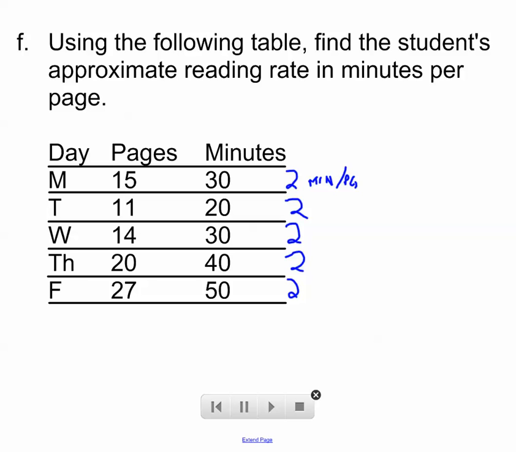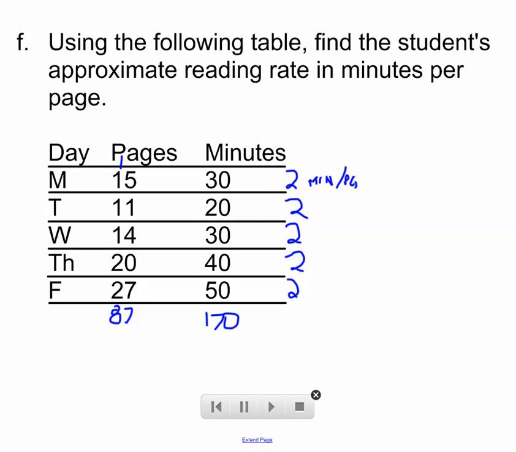Another way to do it is to add all these up. Let's see, 7, 11, 12, 17, 4, 5, 6, 7, 8. So 87 pages, and 50, 90, 120, 140, 170 minutes.